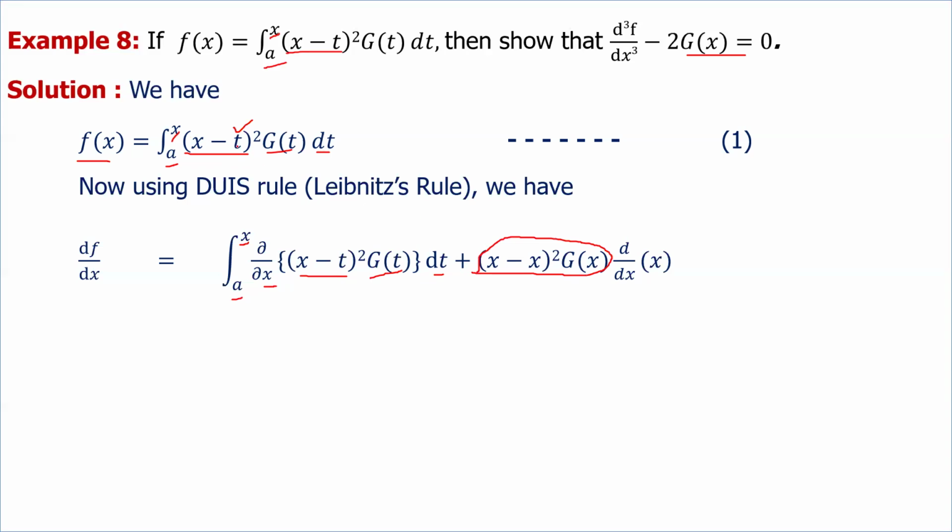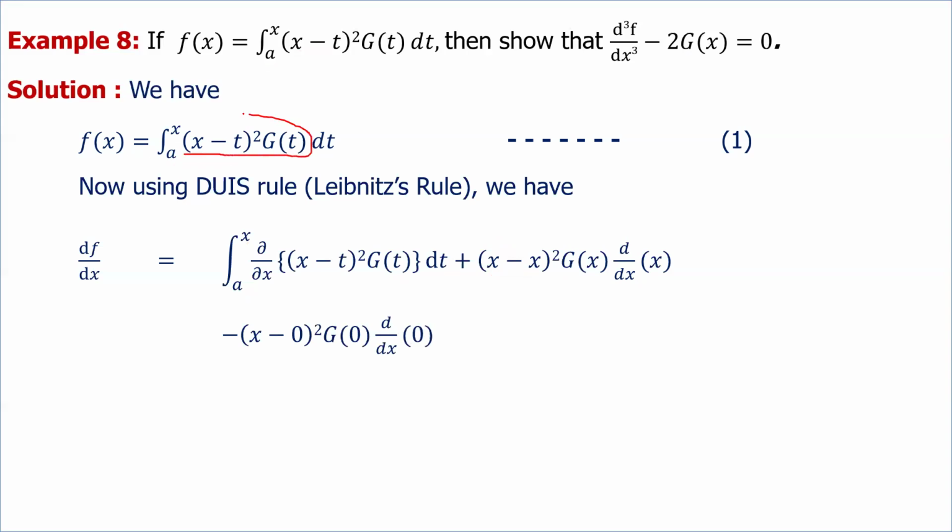so let us put t equal to x over here. This becomes (x minus x) whole square, and g(t) becomes g(x), times the derivative of the upper limit x with respect to x, minus the functional value at t equal to 0: (x minus 0) whole square g(0), times the derivative of the lower limit.